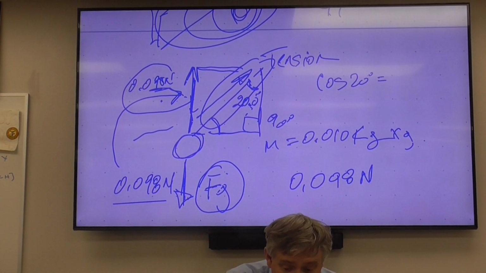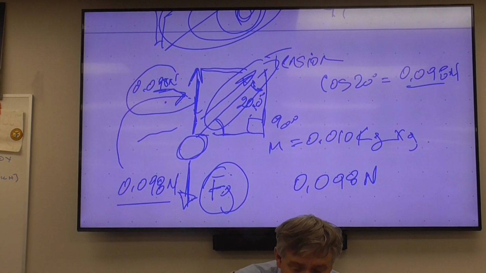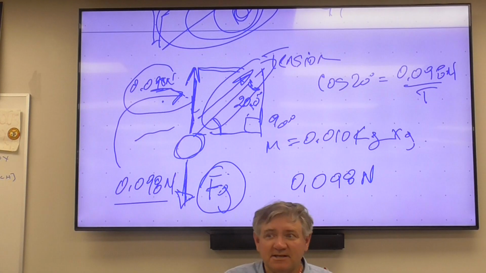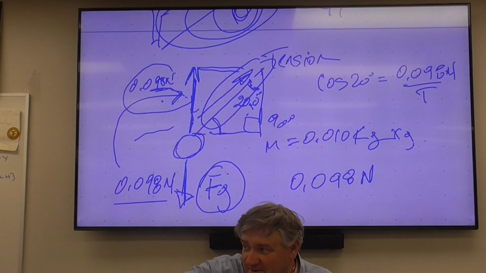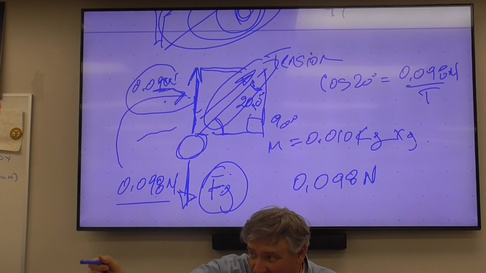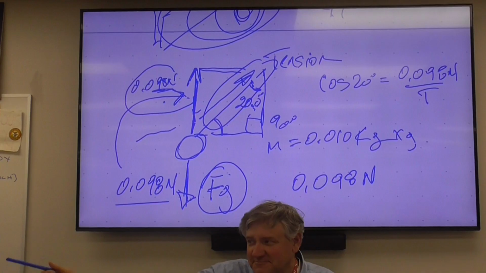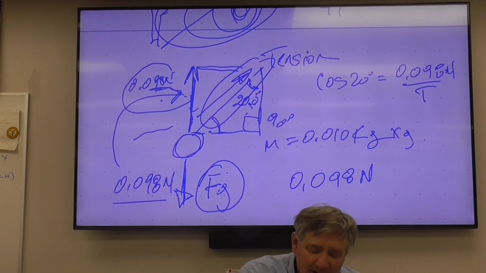Adjacent over hypotenuse. The hypotenuse is your tension. So how are you going to get tension by itself? This is geometry. Divide by the cosine. There you go. Algebra does the rest.